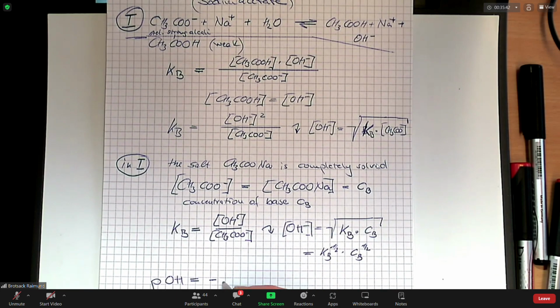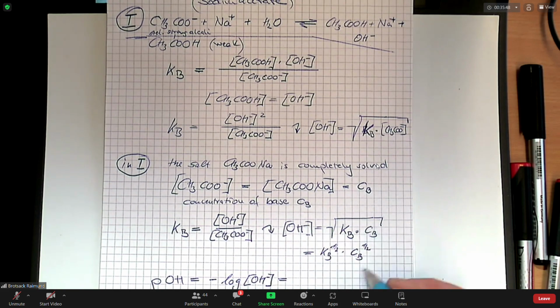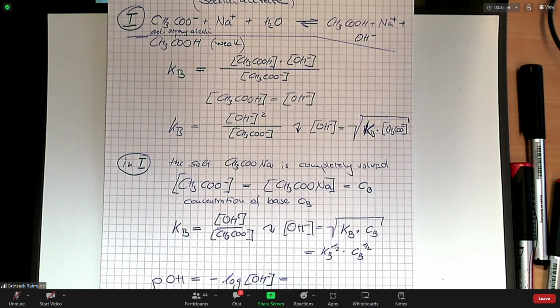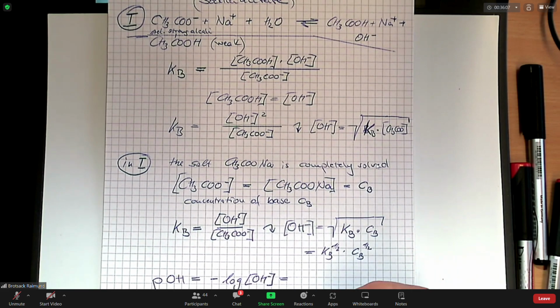So the negative logarithm first of the OH minus concentration. Looking at this formula, we can transform it mathematically. It is pKB minus the log to the base 10 of CB over 2.